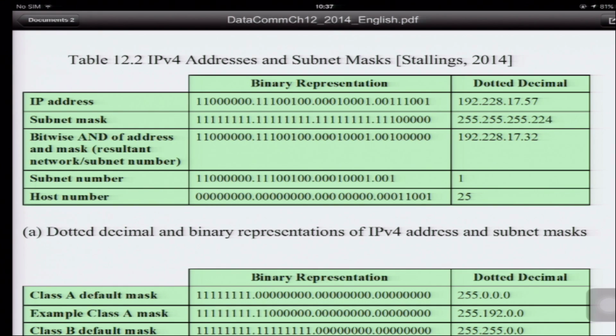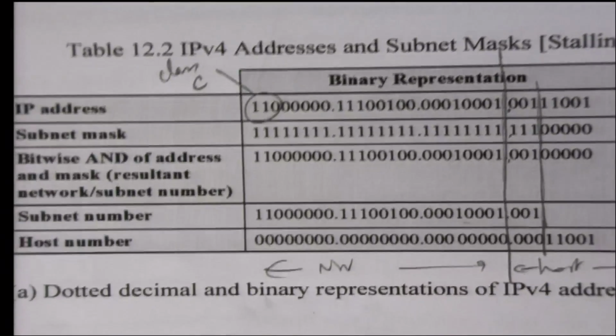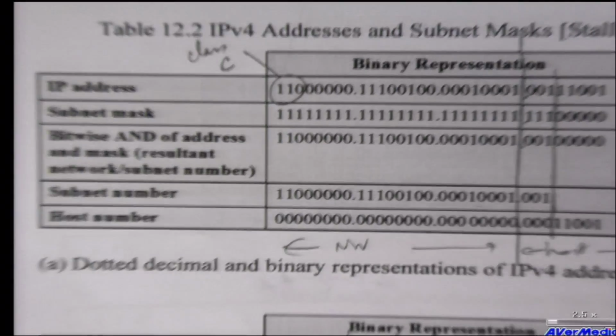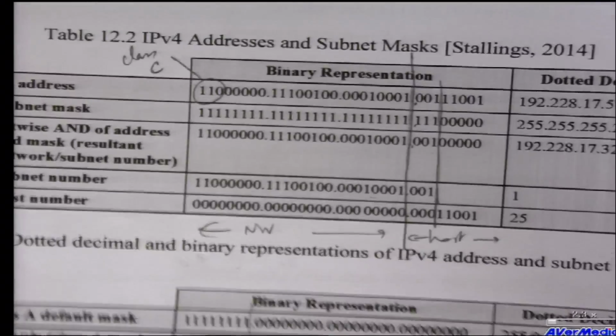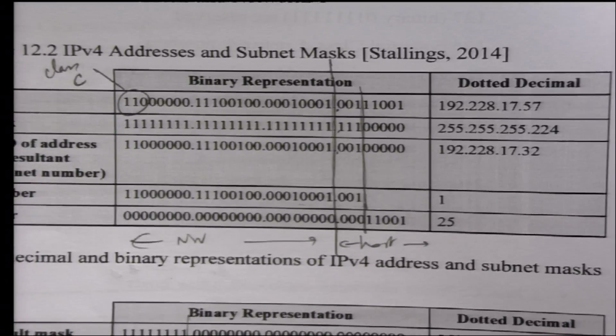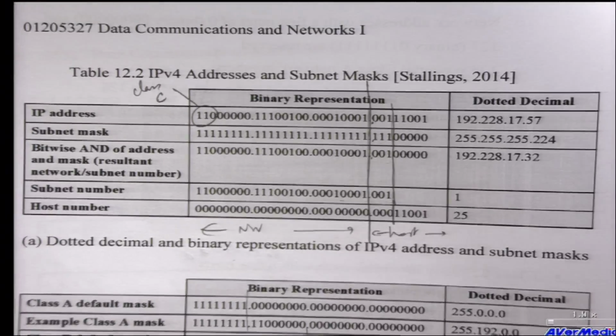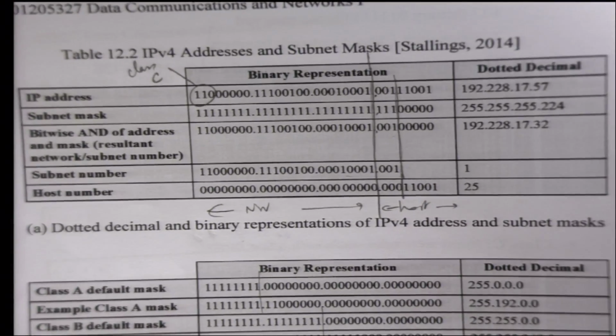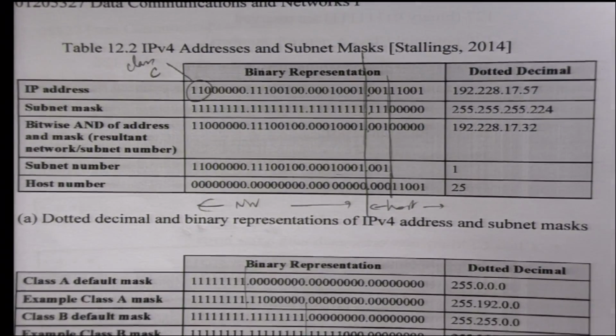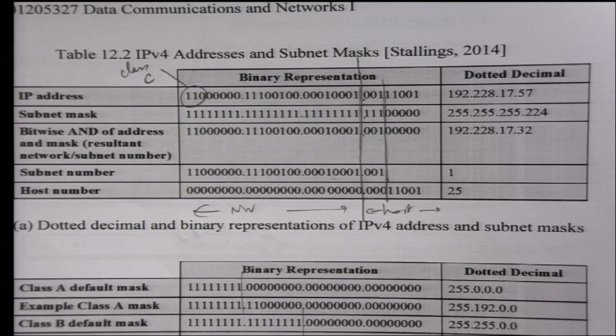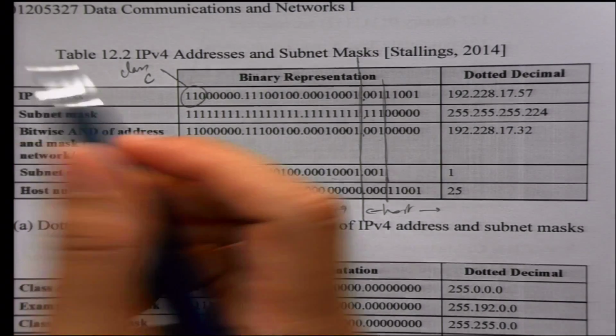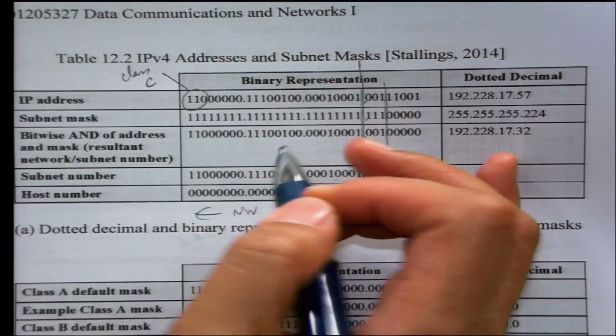So the dotted decimal number, they are basically, okay, this is my sheet. This is the IP address in binary format.